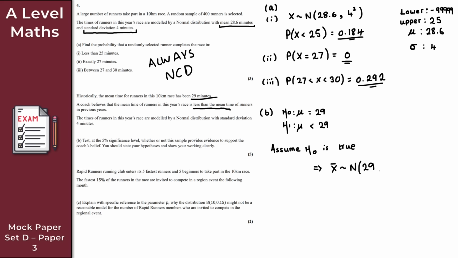That's all well and good. And now for the variance here, just be careful. So what you might put here is just 16, but just be careful here because we do need to account for the sample, right? What I've got here is a random sample of 400 runners. So what I do here is I take the variance, which is 16, and I divide that by the sample size, which is 400. So that is 16 over 400, like so.